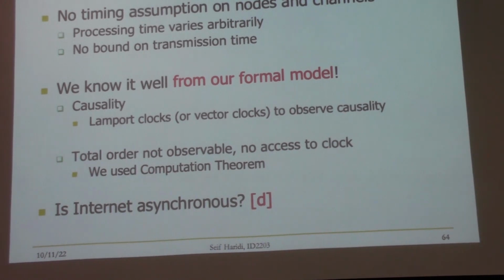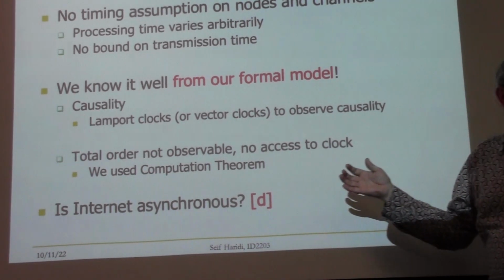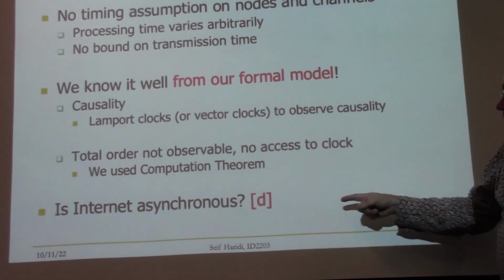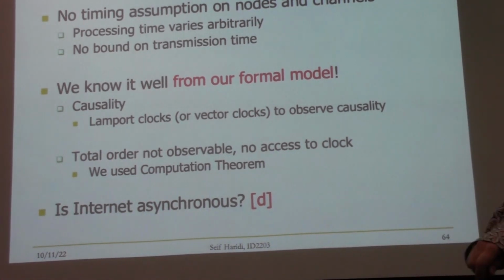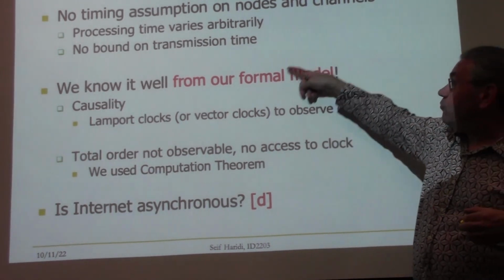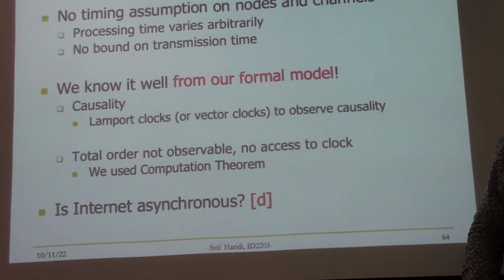So the internet is kind of implemented with no bounds. So is it really truly asynchronous? It's kind of important, because if it were truly asynchronous, with really no bound, then we would be stuck. We would have a hard time writing programs on the internet.